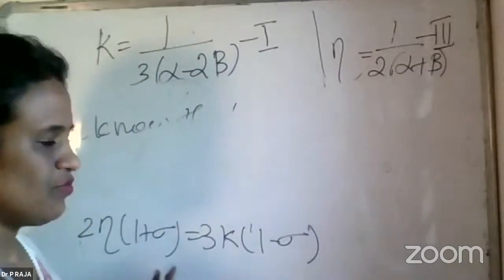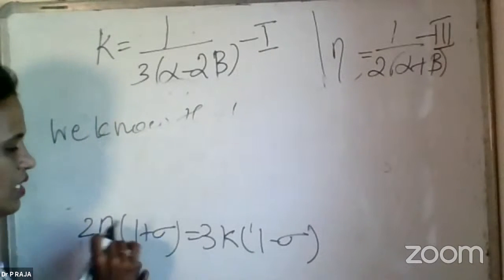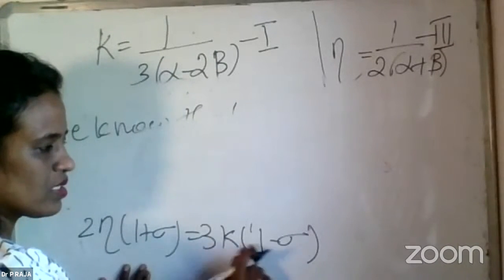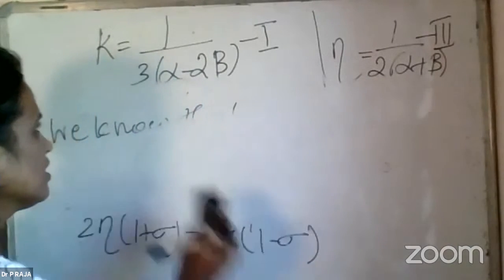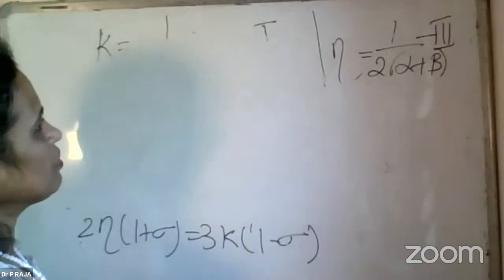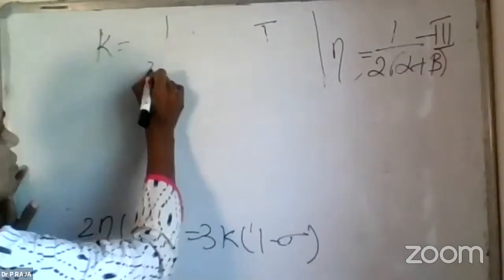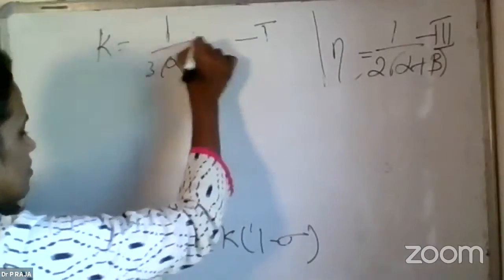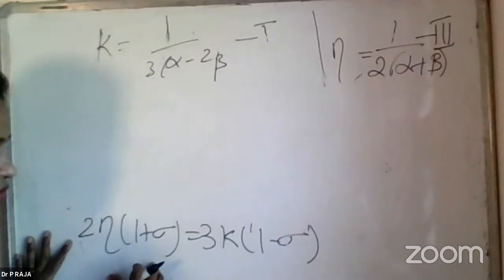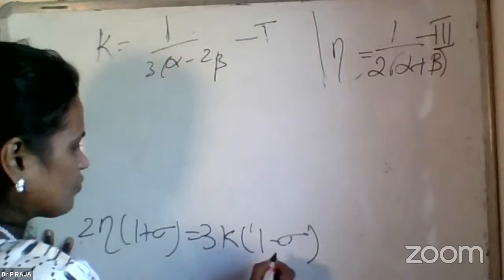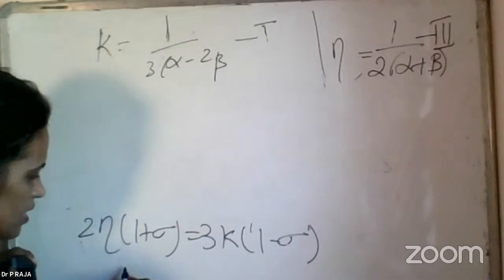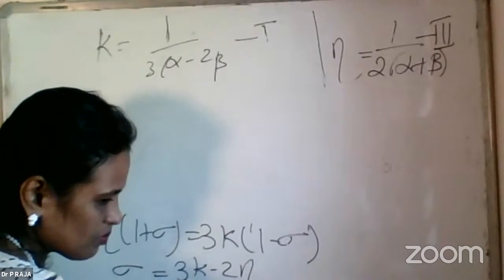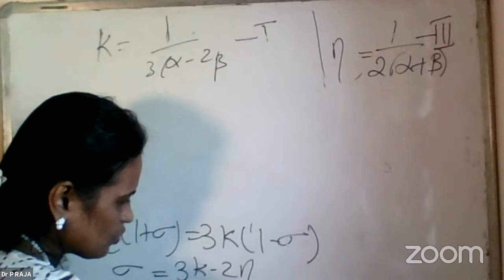Now from here, you need to find the value of sigma. You multiply 2 eta into 1 plus sigma, 3K into 1 minus sigma, and then rearrange this equation. This is equation 1, let it be. If you rearrange this equation, you will directly get the value of sigma as 3K minus 2 eta divided by 6K plus 2 eta.